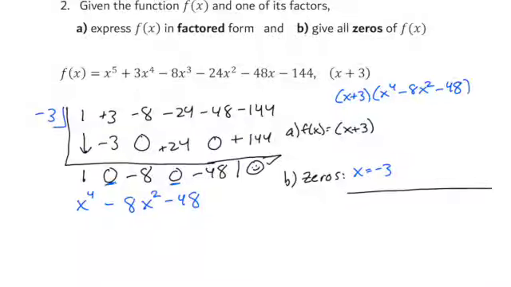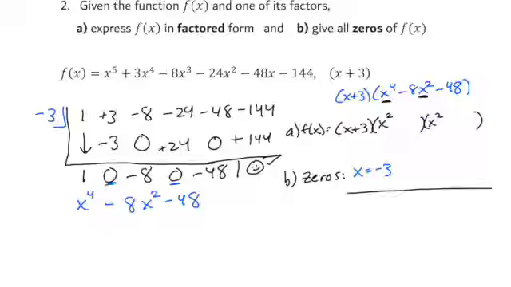Now, does that factor any further here? Well, the good thing is this is what we call quadratic form because it's a trinomial, and x squared would give you x to the 4th. So it follows the same basic pattern as any other quadratic, except when it factors, it's going to be x squared and x squared. And now what multiplies to negative 48 and adds up to negative 8?